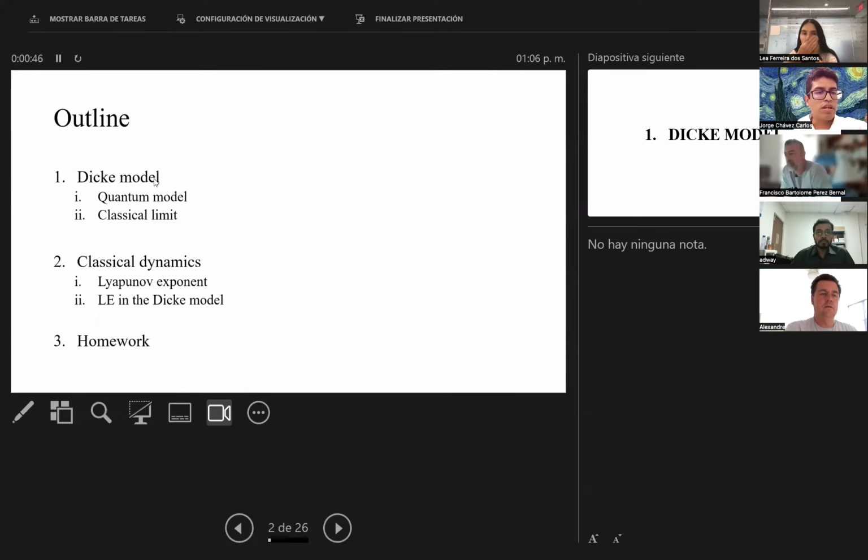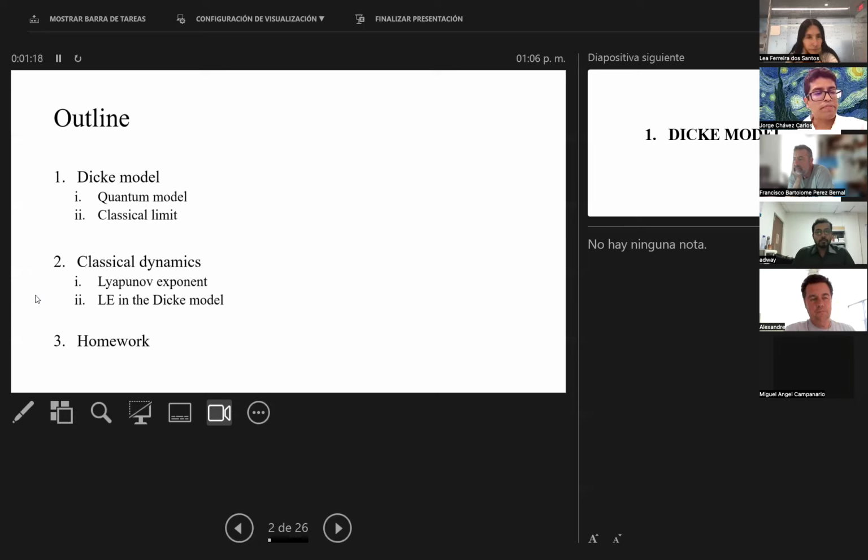I will introduce the Dicke model. I will tell you about the quantum system. Then I will connect the classical limit of this model. And the second part is to explore the classical dynamics, which I will explore using especially the Lyapunov exponent as a chaos quantifier of this system.